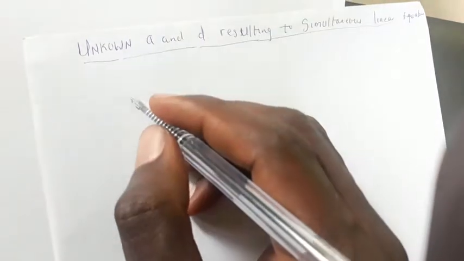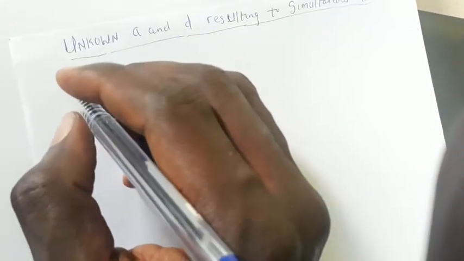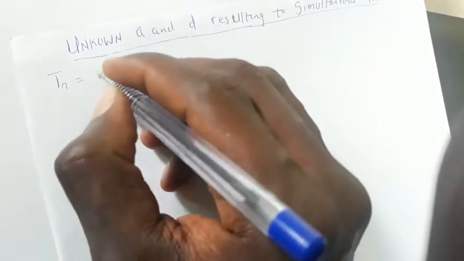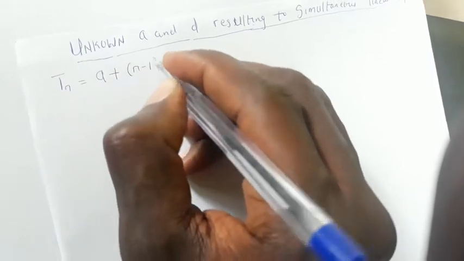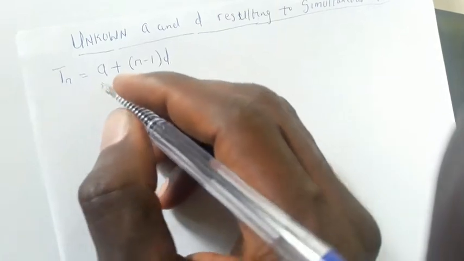If we notice our formula of sequence and series or linear equation, Tn is equals to A, which is the first term, plus n minus 1 bracket D. Meaning you are going to come across some questions in which the fifth term will be given, the sixth term will be given.